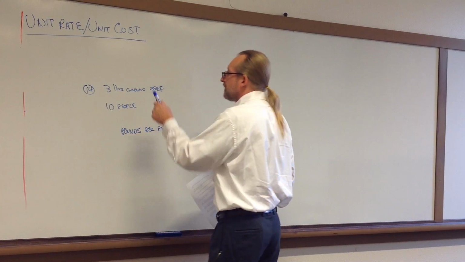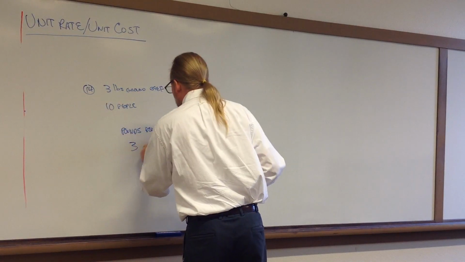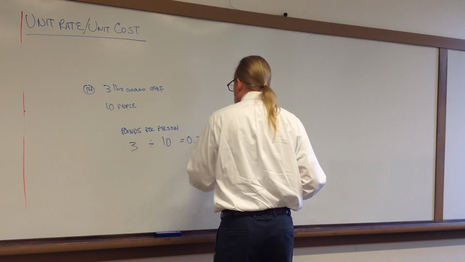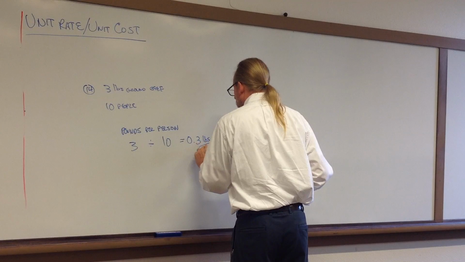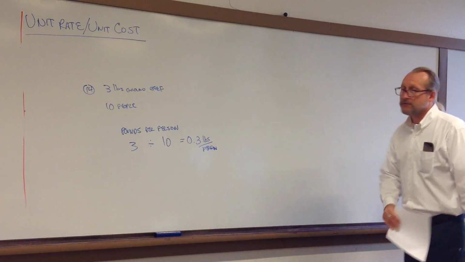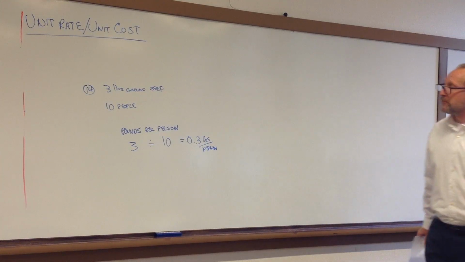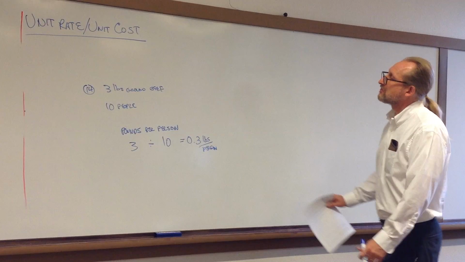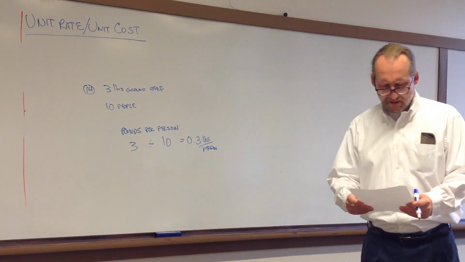It means you want to take the pounds and then divide it by the number of people. Right? Pounds per person. So we end up with 0.3 or 3/10 of a pound per person, somewhere between 1/4 and 1/2 pound. So that's not too bad.